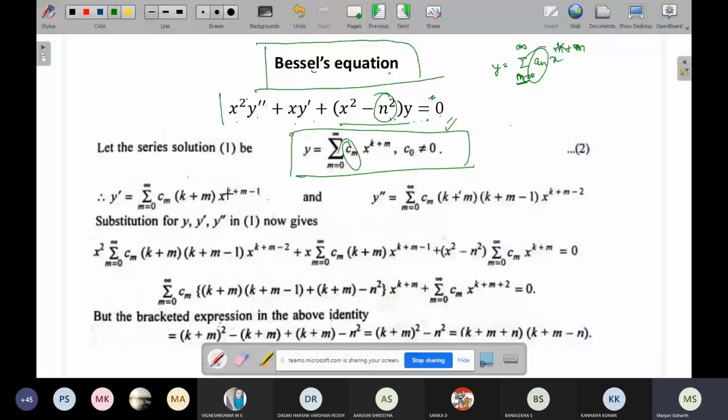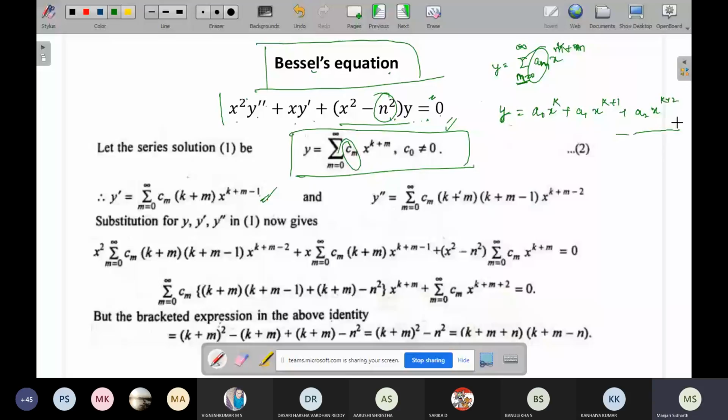We can take any notations. Here they have solved using the summation. You can use y equals a naught x power k, plus a1 x power k plus 1, plus a2 x power k plus 2, like we were solving. You can use the same method.